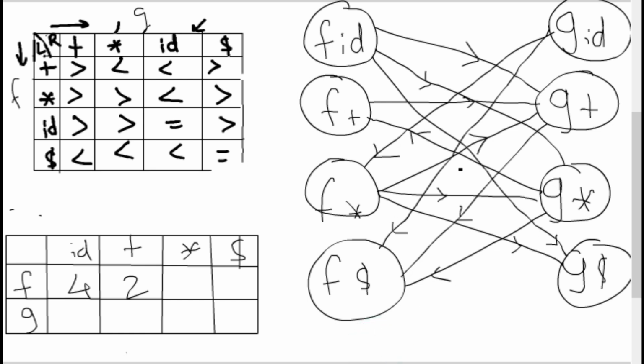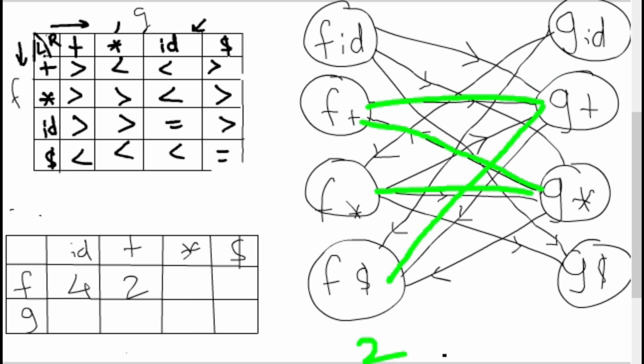Now F star. If you look at F star, it goes to G plus and G plus goes to F dollar. So there are 2 edges. Now we can look at another path where F star goes to G star, and G star goes to F plus, F plus goes to G plus, and G plus goes to F dollar.